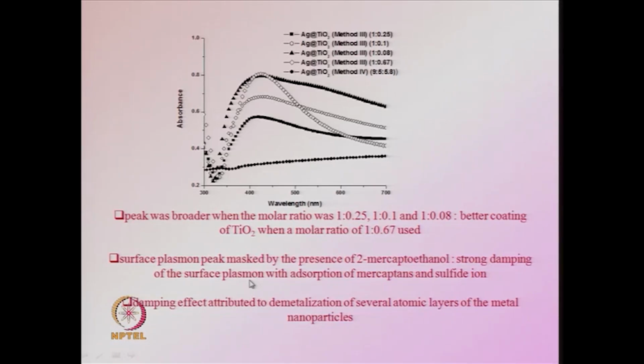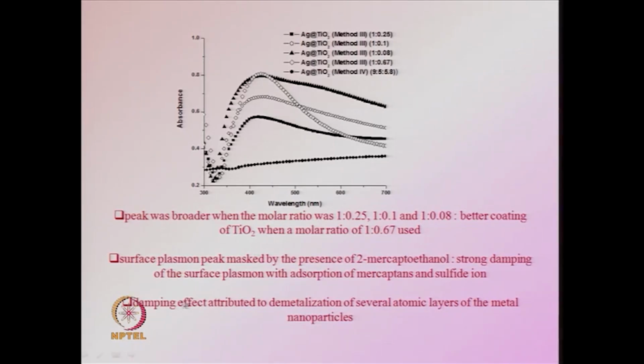So, the surface plasmon effect will be diminished when we have any sulphide or any thiol, because silver sulphide will form, and the surface plasmon is due to silver, and when silver sulphide or silver sulphur bond forms due to the thiol, then the intensity of the original SPR band of the silver core particle will get diminished.